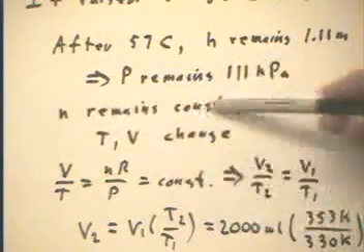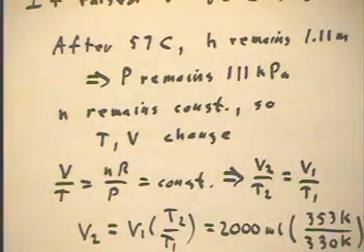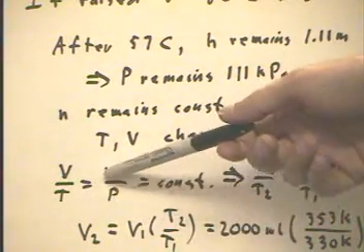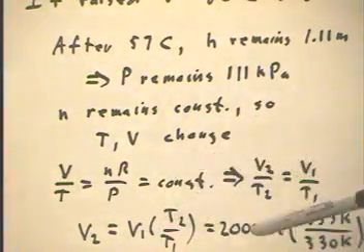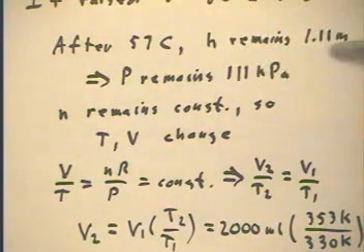Okay, so number of moles remains constant. Temperature and volume are going to be changing. Volume over temperature is constant since the number of moles and the pressure remain constant now. Remember, the pressure remains constant because the altitude of the water in the tube remains at 1.11 meters.